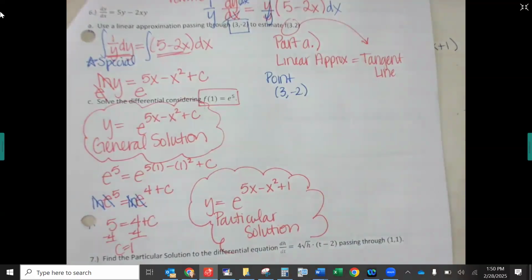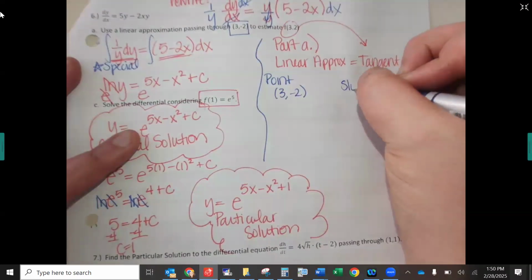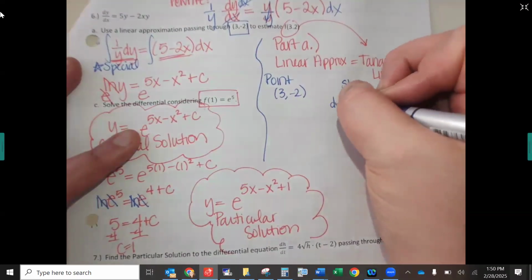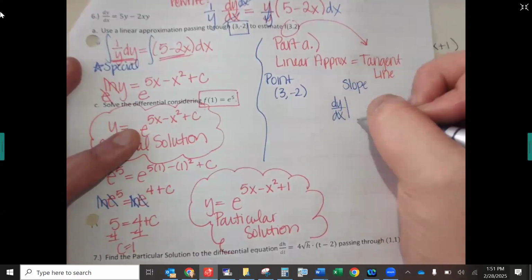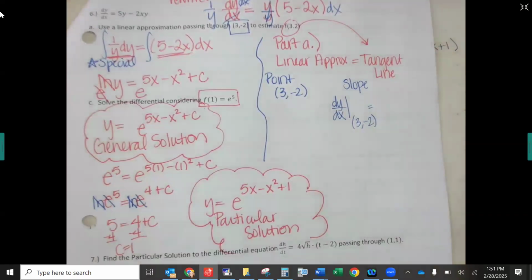Okay, so my point is going to be (3, -2). And then for my slope, do you remember this guy? You would do dy/dx at (3, -2). You remember that? Okay, so slope means you're going to take the point that you just got and plug it into your dy/dx equation, which you can see is right here.